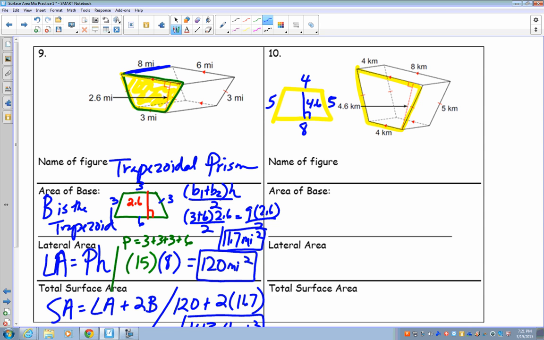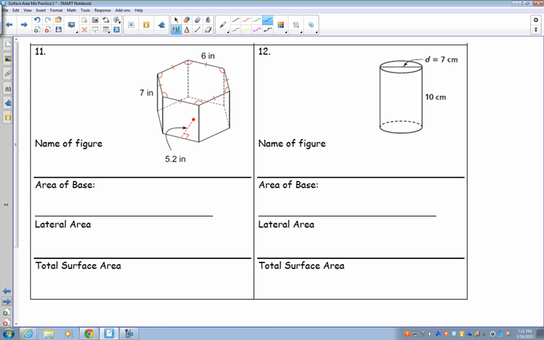And then the last two I want to talk about. Number 11: if you look at the shape of the base that we have here, it is a hexagon. So we have a hexagonal prism.